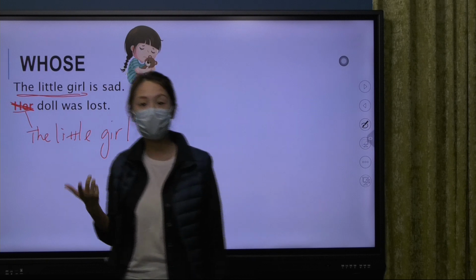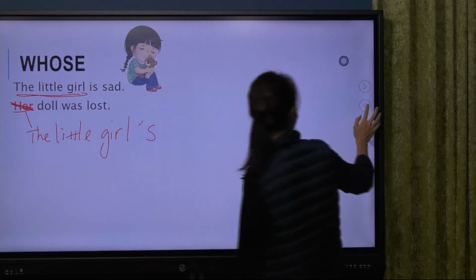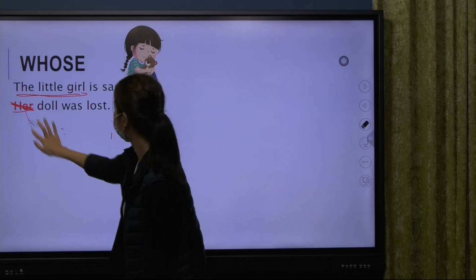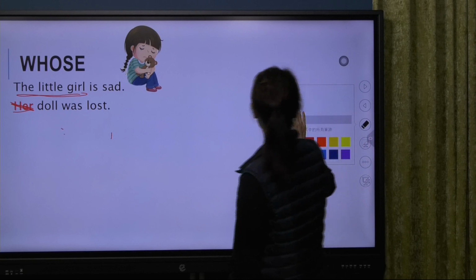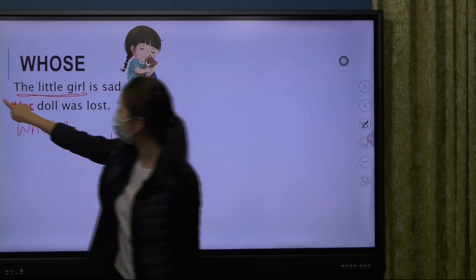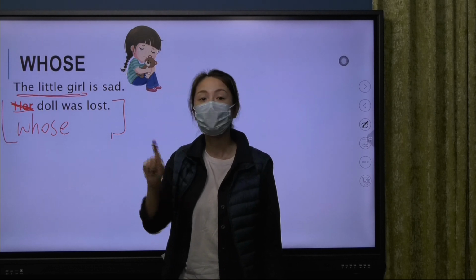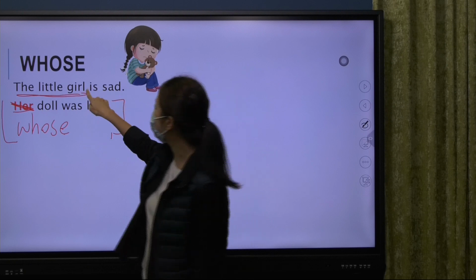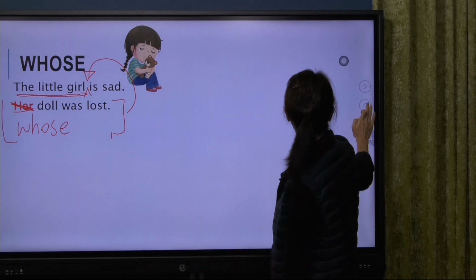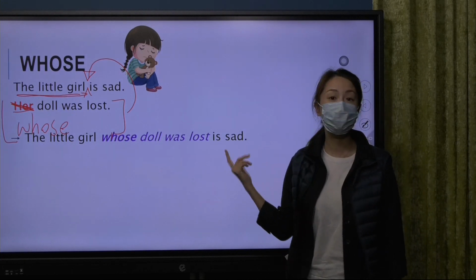We change her into who or that or which or whose. Okay, we'll change it into whose. Okay, and then this one has already become the relative clause. And again, the relative clause should follow the item we talk about. Okay, so the new sentence should be: the little girl whose doll was lost is sad.